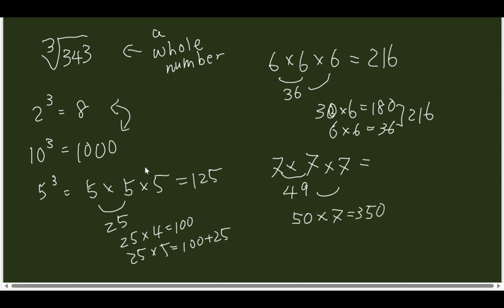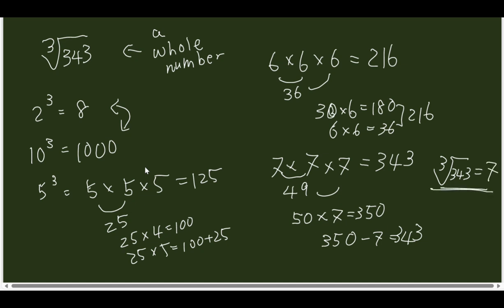And 49 times 7 is just 7 smaller than 350, so that's 343. Bingo, I got it. So I know that the third root of 343 is 7. That's how you get it, and that's the only way you can get it manually without using a calculator.